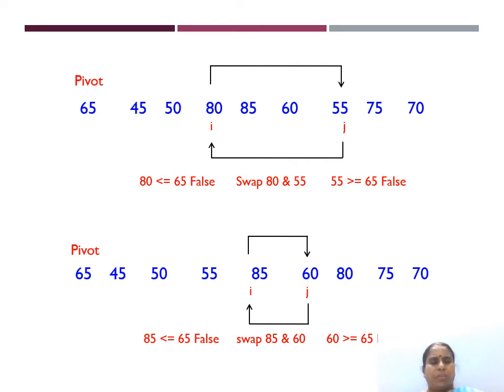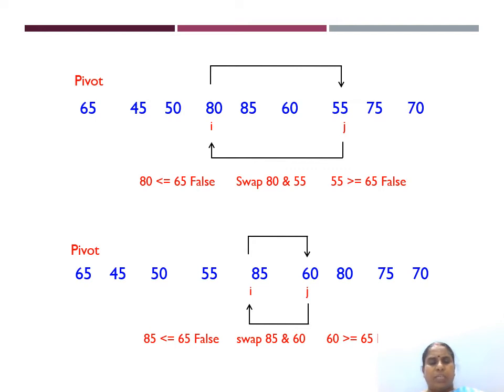Now j, that is the j value is now 60. Is 60 greater than 65? So it is verifying whether it is greater or not. No, it is not greater. The condition is false. So here also j is not moving further. It is not moving towards the left.